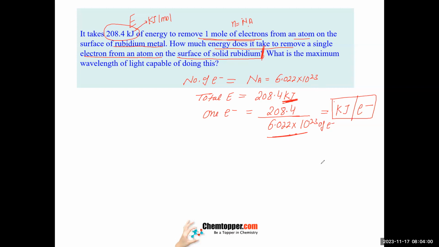Okay, and Anil has already calculated, and that energy he is saying is 34.6 times 10 raised to the power minus 23 kilojoules per electron. Can you put this in scientific notation? Is it right?